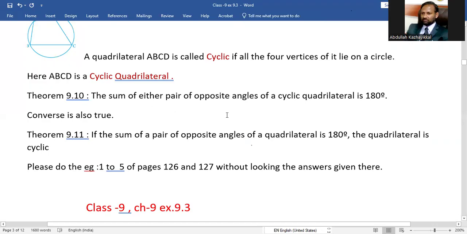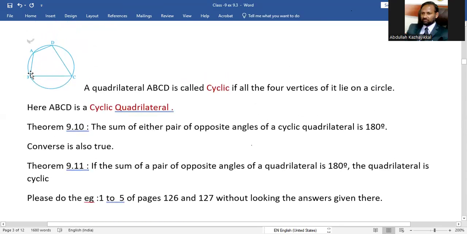The sum of either pair of opposite angles of a cyclic quadrilateral is 180 degrees. For the cyclic quadrilateral, we can say angle A plus C is equal to 180 degrees, and angle B plus D is equal to 180 degrees. If the sum of a pair of opposite angles of a quadrilateral is 180 degrees, that quadrilateral is cyclic.